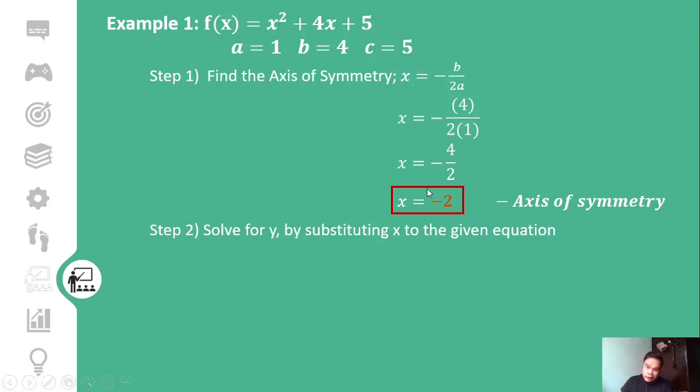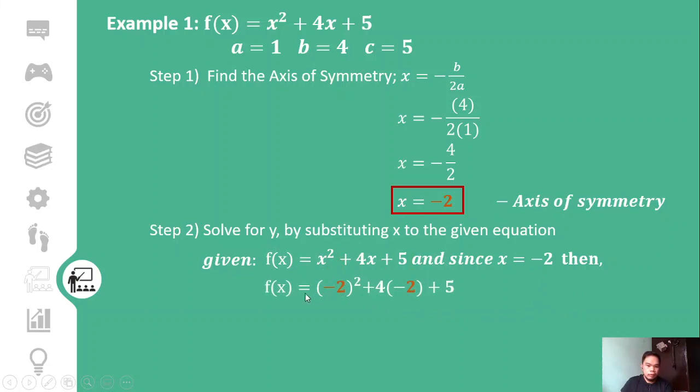So, etong x na to, isa-substitute natin yan sa f of x equals x squared plus 4x plus 5. So, again, the given f of x equals x squared plus 4x plus 5. And since x is equal to negative 2, then the function of x, no? Ito, papalitan natin ng negative 2. Yung x, papalitan natin ng negative 2.